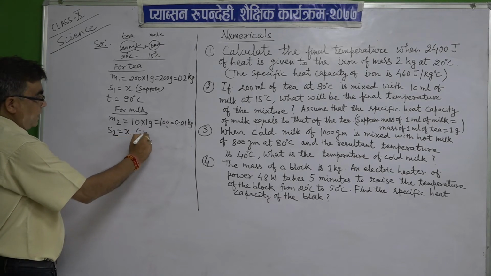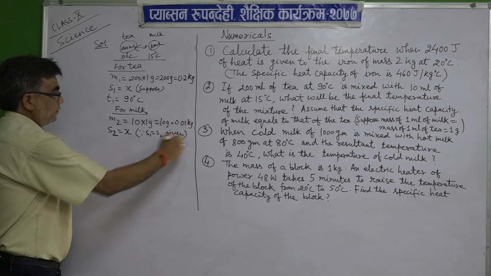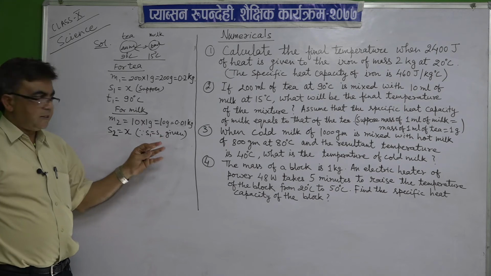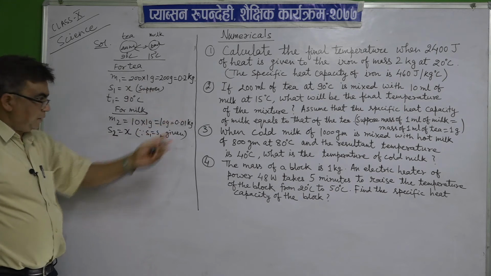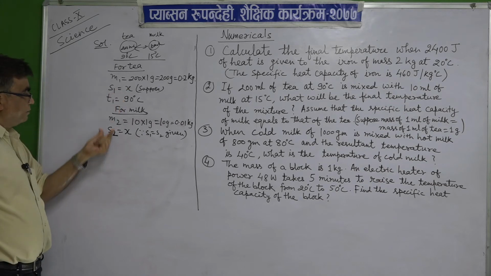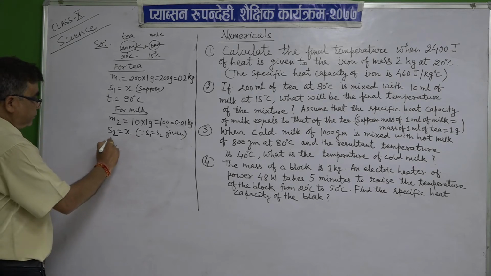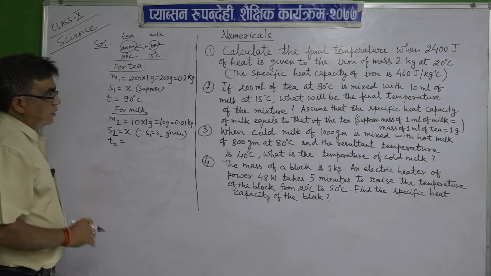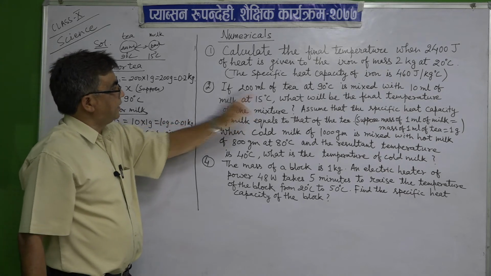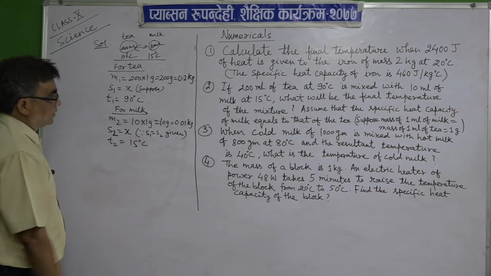Because S1 equals S2 is given. Okay, that is why for tea when we suppose X, then for milk it will also be X. Clear? Now, T2. This is the temperature of milk, 15 degree centigrade. Clear?